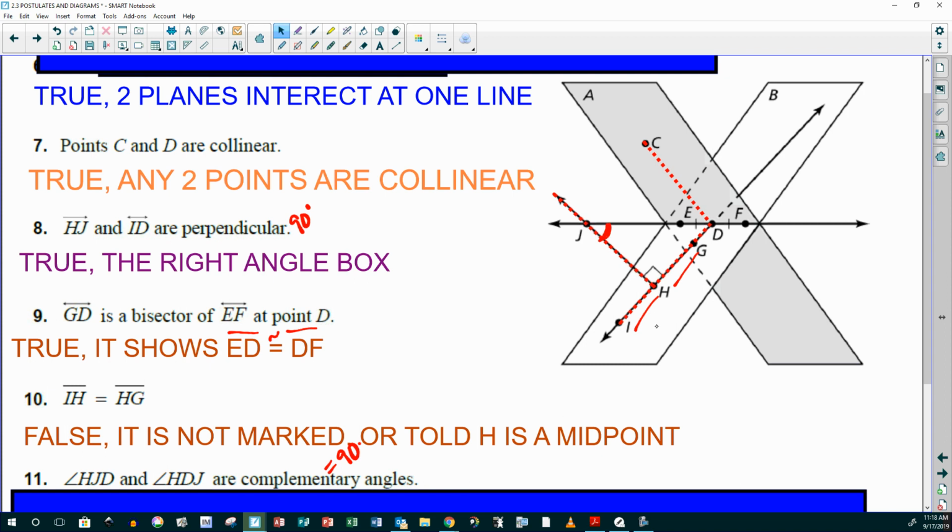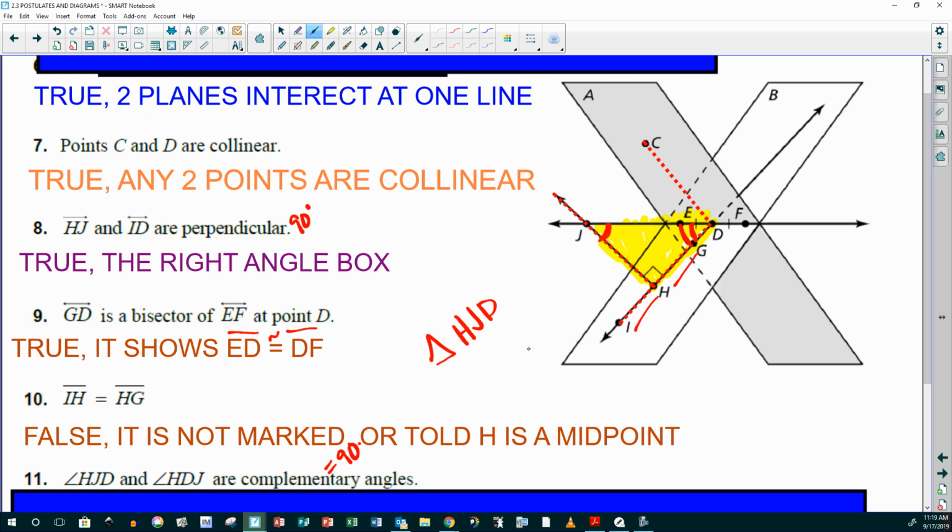And then HDJ, so H to D to J, is this angle over here. But what I do notice is that I have a triangle HJD, and I see that it happens to be a right triangle.